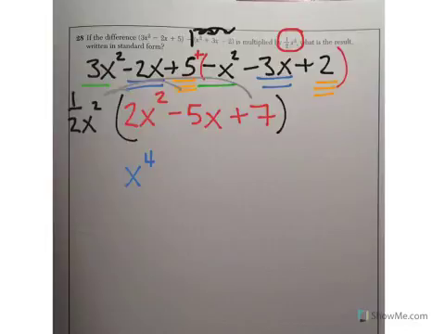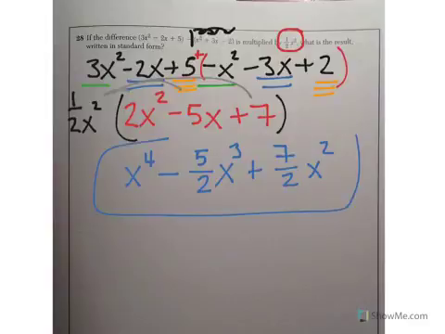And remember, when we multiply, we add exponents, so x to the 4th minus 5 over 2 x cubed plus 7/2 x squared. Okay, this is how I would write my final answer.